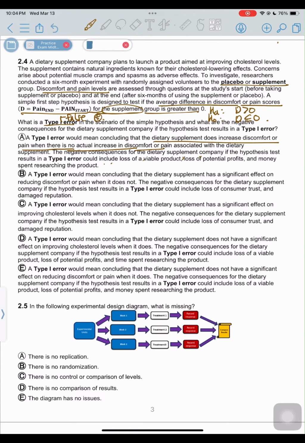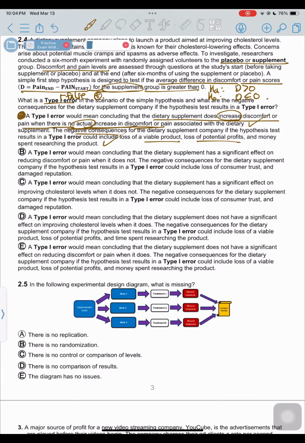Because the alternative is the increasing. But in reality, the null hypothesis is true, that means there wasn't an actual increase. So that is right by definition. But the negative consequences can be leading to a viable product or the loss of potential profit. That is right. Okay, so A seems like the right answer.